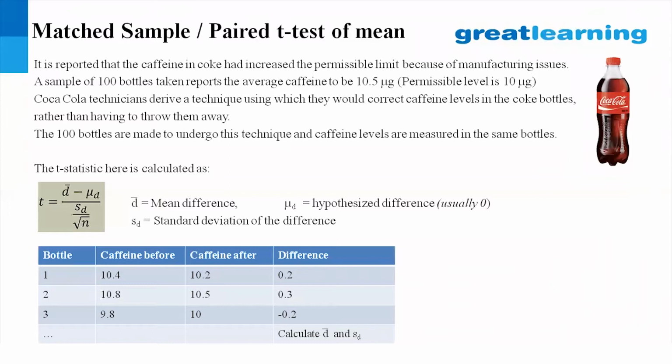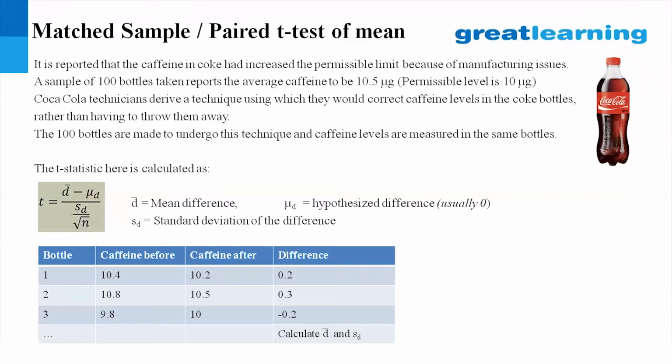The difference in the first one was 0.2, the second difference was 0.3, the third difference was minus 0.2, and so on. When you take the mean of these differences, 0.2 plus 0.3 minus 0.2 and so on, it comes out to be d bar.